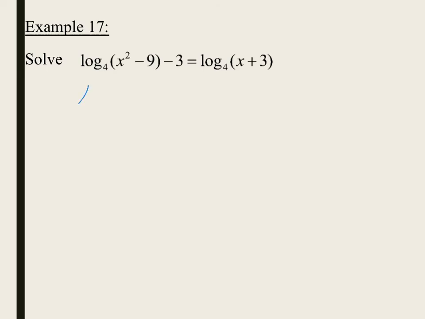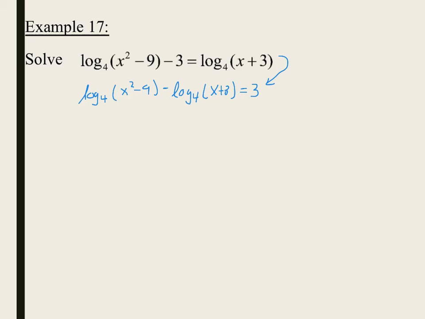I'm going to write this as log base 4 of (x squared minus 9) minus log base 4 of (x plus 3) is equal to 3. I can rewrite this equation into that form.